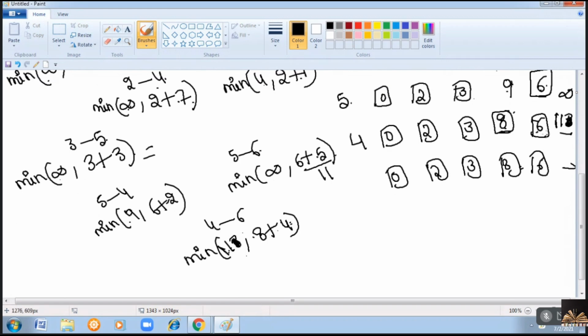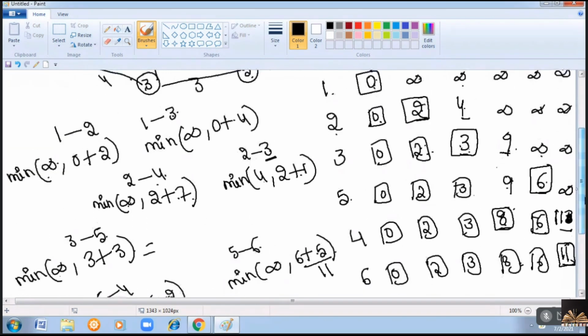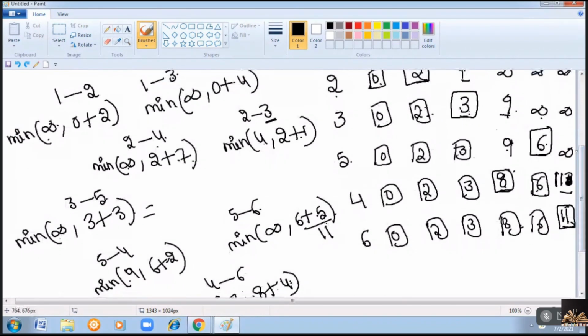So minimum value is 11 only. Am I right? Yes, ma'am, this is the only value. So it will be marked as permanent, with respect to the vertex 6. So with all marked as permanent, you can find the shortest path as 1 to 2, 2 to 3, 3 to 5, 5 to 4, 4 to 6.